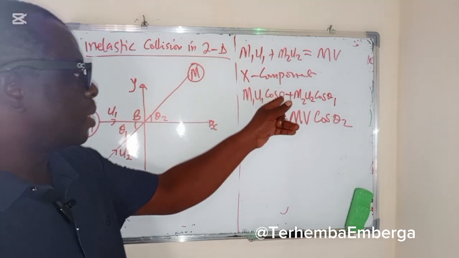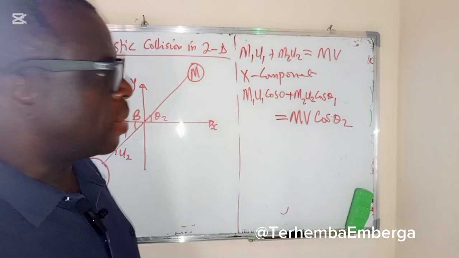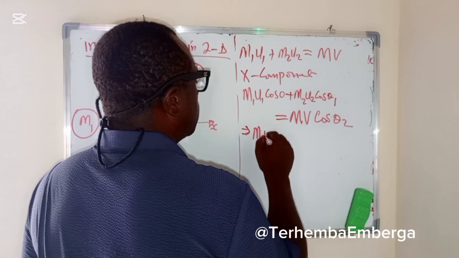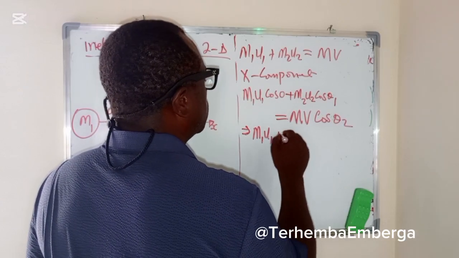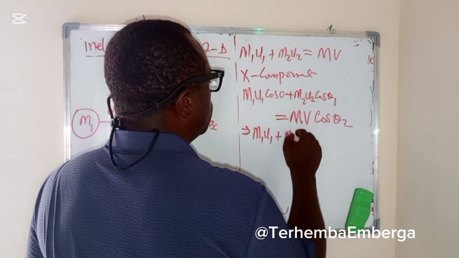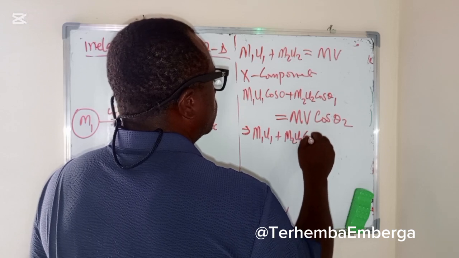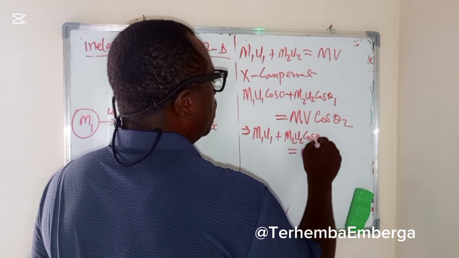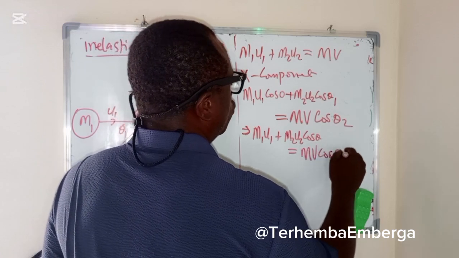But we know that cos 0 is 1. So this equation can be written as m1 u1 plus m2 u2 cos θ1 equal to mv cos θ2.